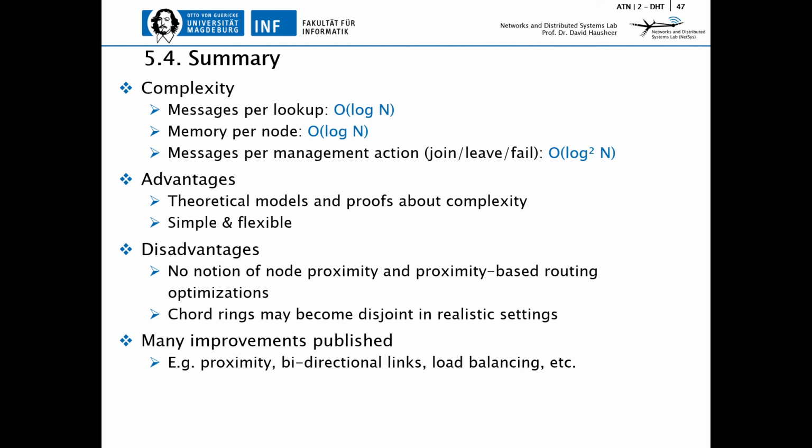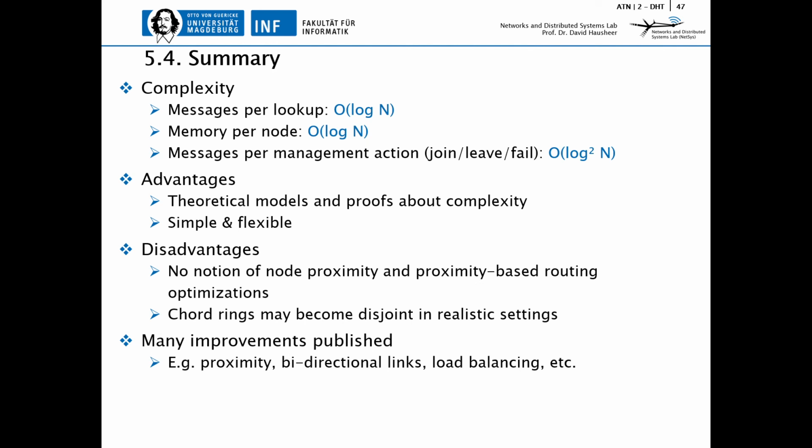On the other hand, there are also some disadvantages, namely that there is no notion of node proximity or proximity-based routing that can be used for optimizations. And also it can happen that, for example, the Chord ring may become disjoint in realistic settings where links can arbitrarily fail.